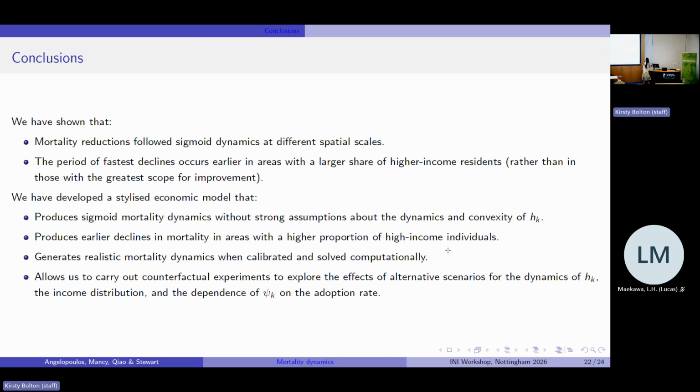It produces earlier declines in mortality in areas with a higher proportion of high-income individuals, as we hoped. It generates realistic mortality dynamics when calibrated and solved computationally, not exact, but kind of realistic-ish. And it allows us to carry out counterfactual experiments to explore the effects of alternative scenarios for the dynamics of the health improving technology, the income distribution, and the dependence of the cost on the adoption rate. So that's kind of what we've achieved thus far with this.